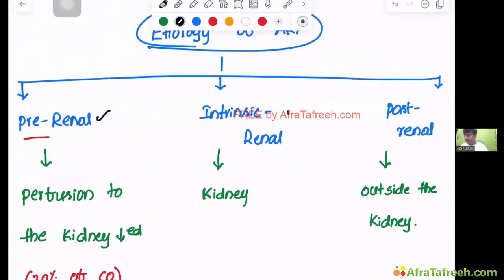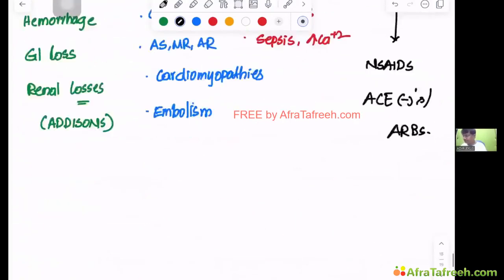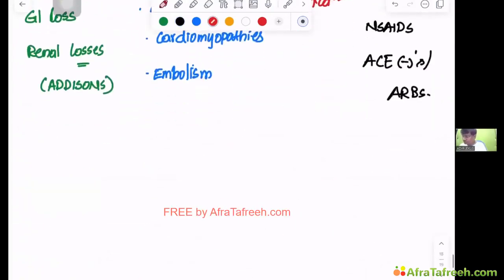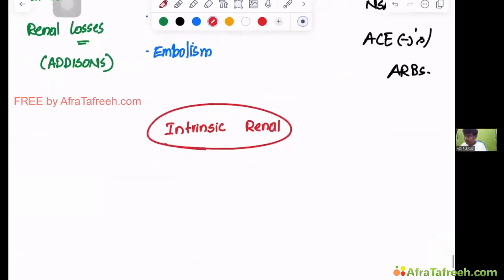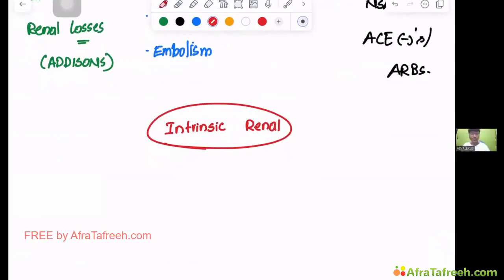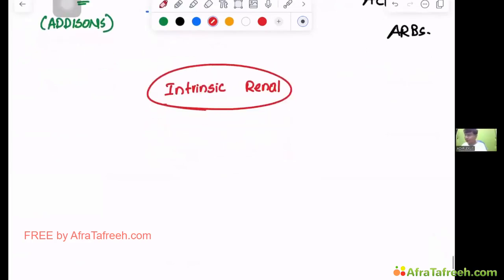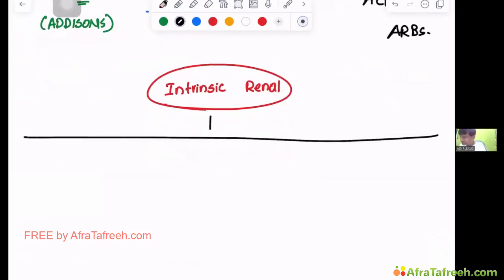Then you take the intrinsic renal. So intrinsic renal, what did I tell you? It is the pathology within the kidney. That is what is called the intrinsic renal. Now, what are the intrinsic renal causes?